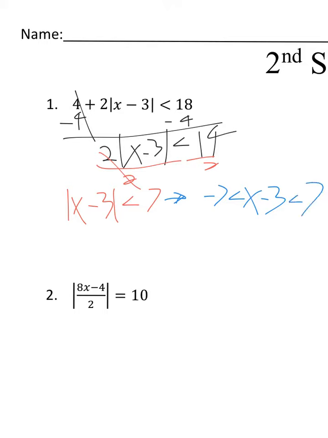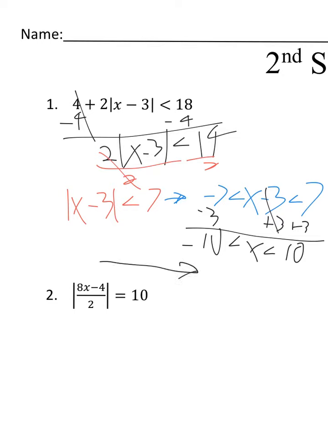Remember, you can only do that until you get it down to the absolute value bars equals something. So I could plus 3 to each side, and that'll give me negative 10 less than x less than 10. If they're both pointing to the left, then it stays like that.